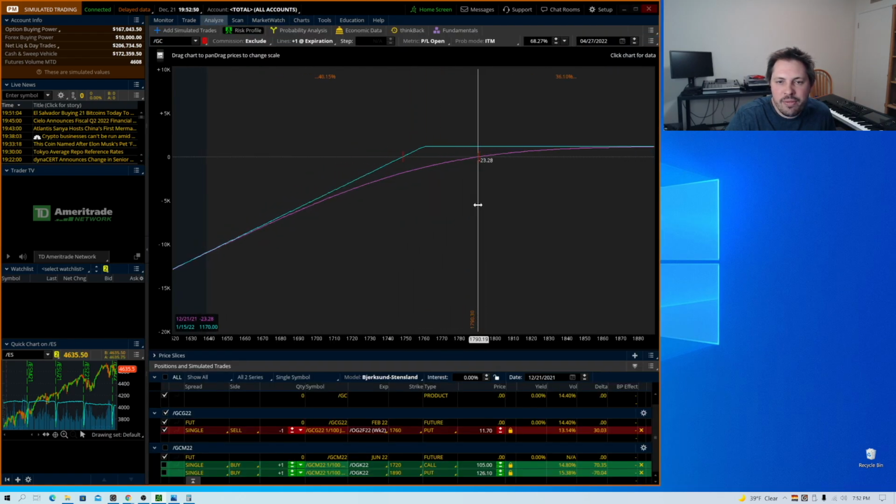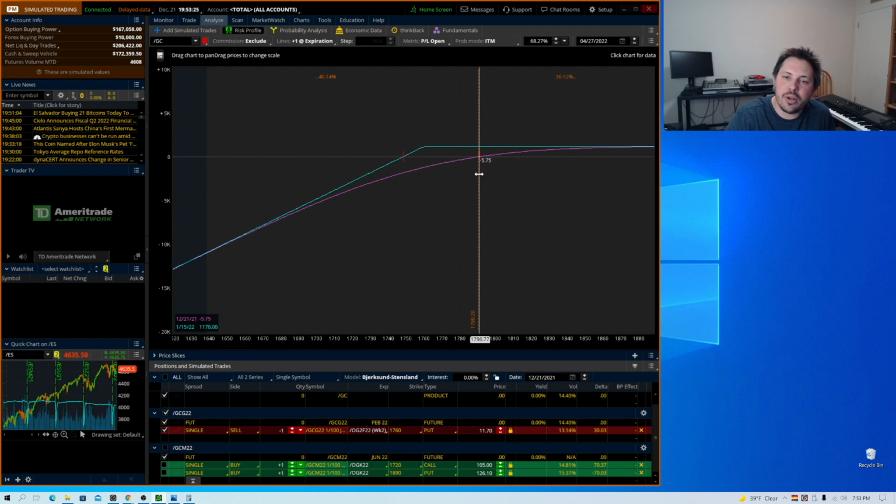Now, if it starts to move down, we're going to be losing money on this put. Here is the break even, which is 1748. If gold is above 1748 by expiration, we still might be able to make money here, because the blue line is the value of the option at expiration.